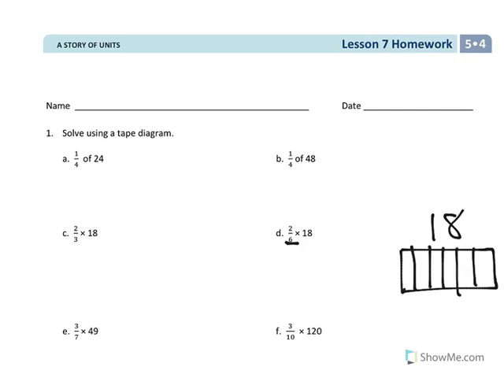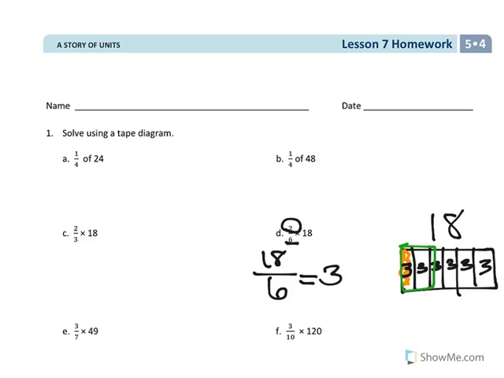So now I need to figure out how much one of them is before I can figure anything else out. So if I take my 18 and I divide it by the 6 pieces, that means each one would equal 3. So this one is 3, this one is 3, this one is 3, and so forth. So I actually have 2 of the 6, so I have these 2.